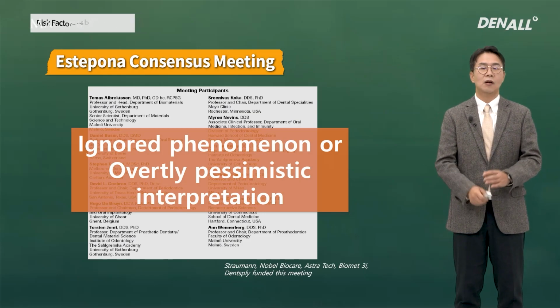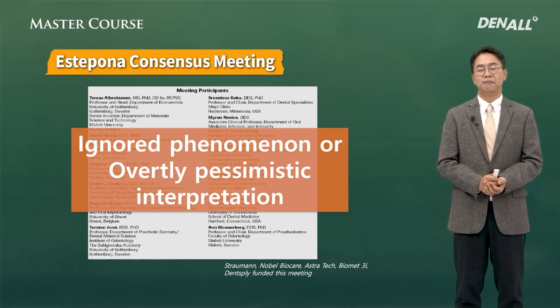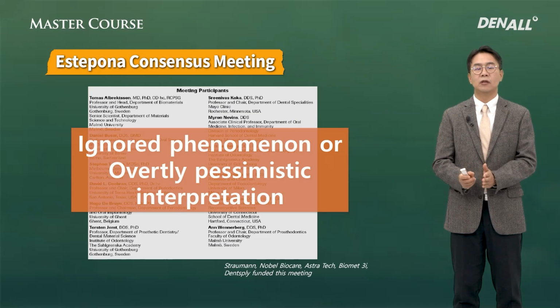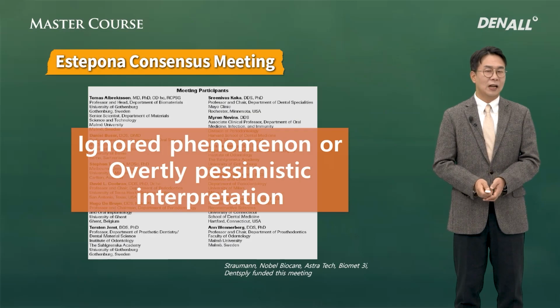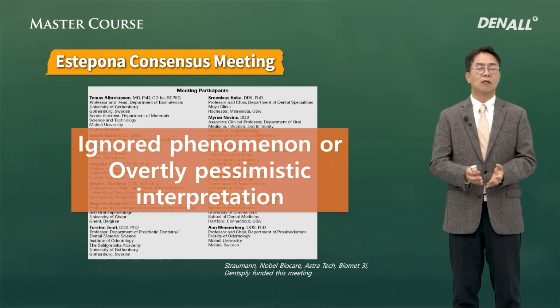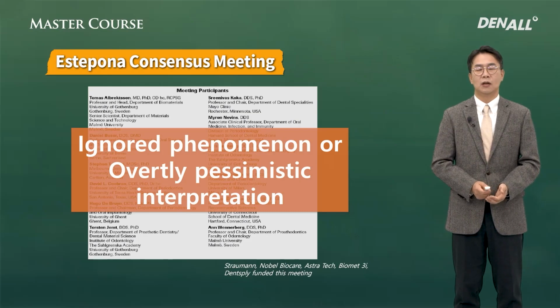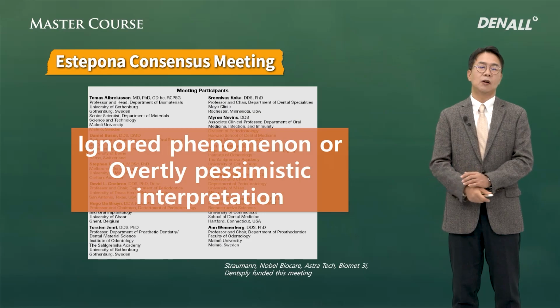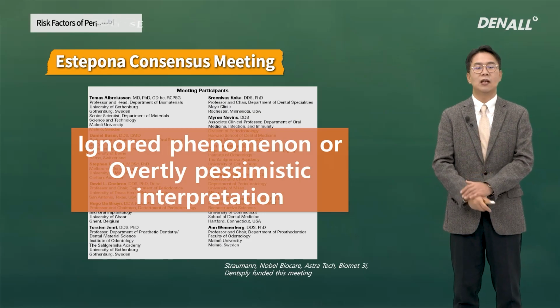The result would be different. In my view, if we give accurate diagnosis and treat it properly, I believe this consensus meeting conclusion is right. Otherwise, the conclusion from the previous meeting would be right. So the perspective of peri-implantitis differs depending on how we plan, maintain, and place them.